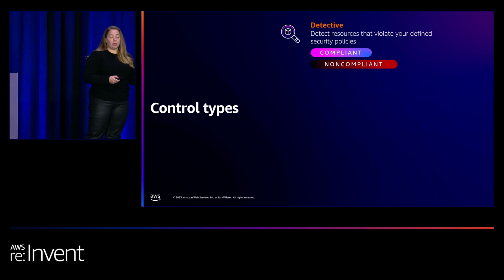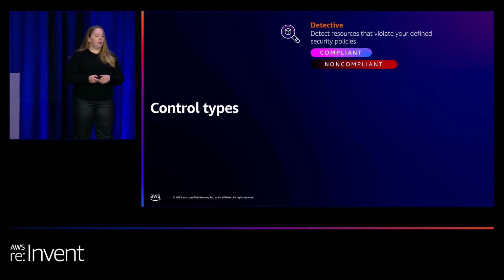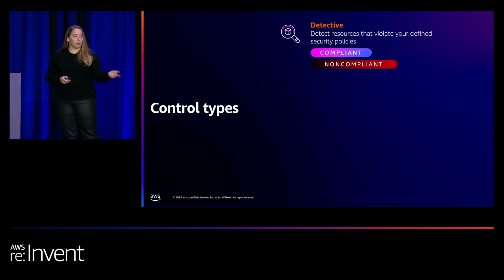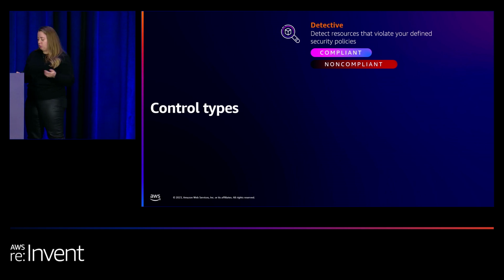It's going to be compliant or non-compliant, right? And are really essential for resources that you already have in place or workloads that you already have in your environment. There are also a number of detective controls that support auto-remediation, right? So if it were to get out of compliance with a set policy, it'll actually self-remediate on your behalf if you so choose.